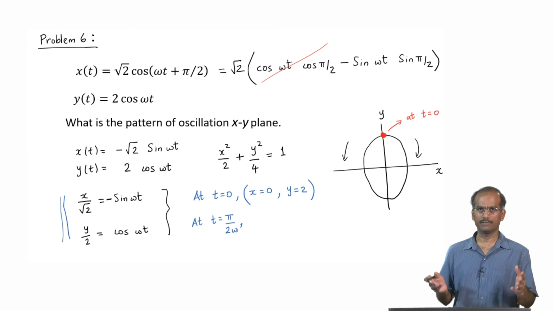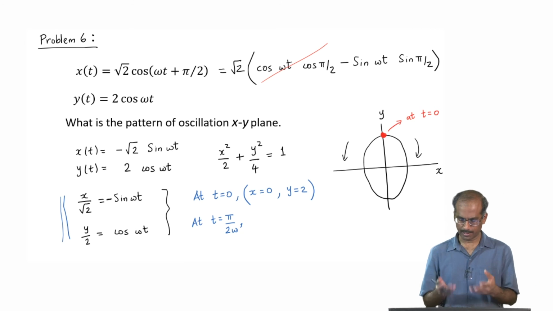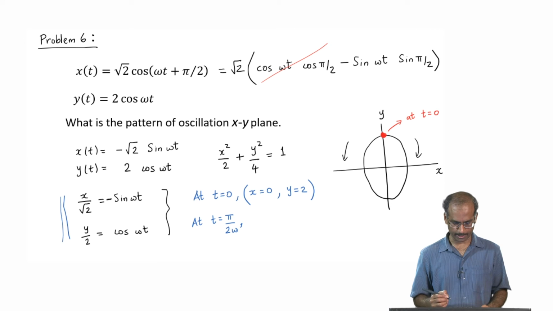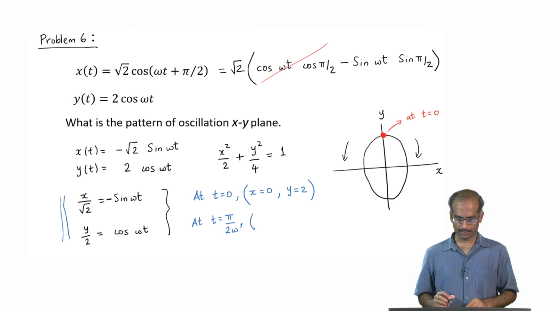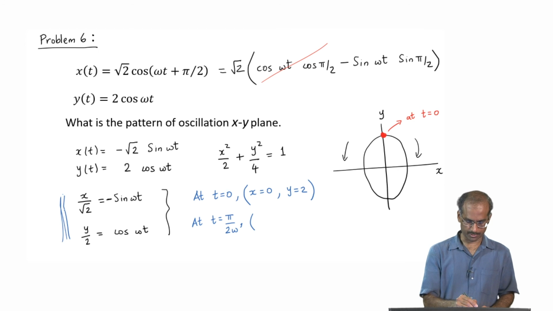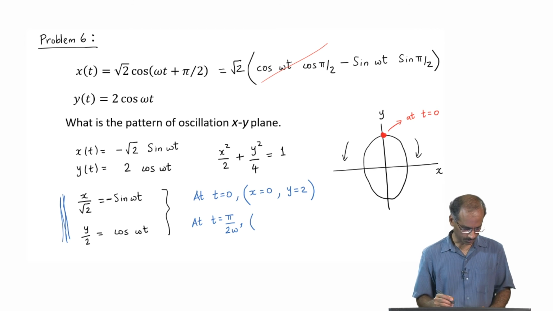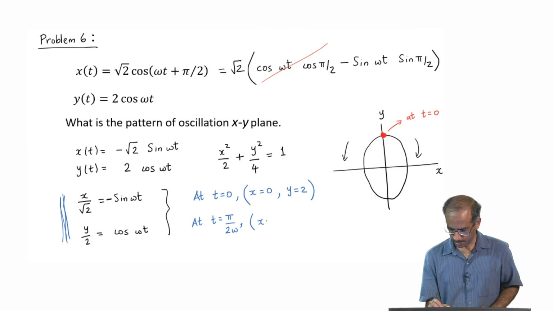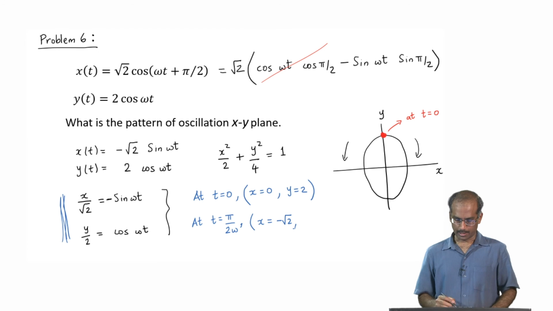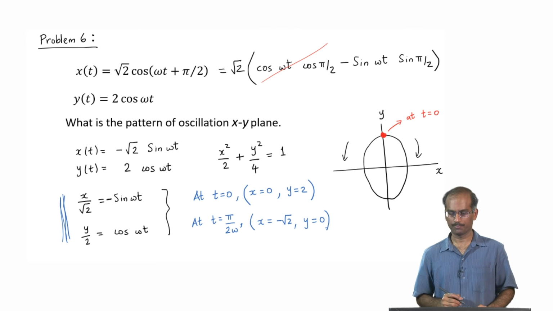You could take any other time, but I have just chosen pi by 2 omega, and if you plug in this value of t in these two equations, that would tell you that the value of x is equal to minus root 2, and if I put in t equal to pi by 2 omega in the second one, it tells me that y is equal to 0.